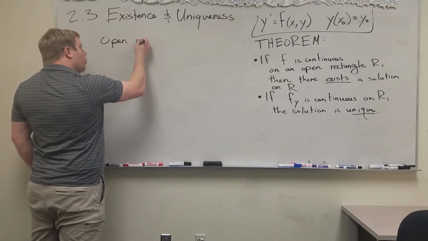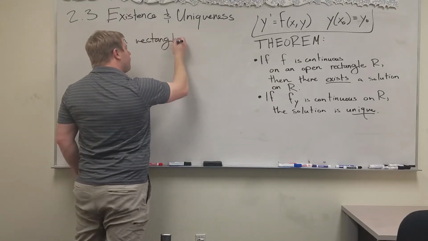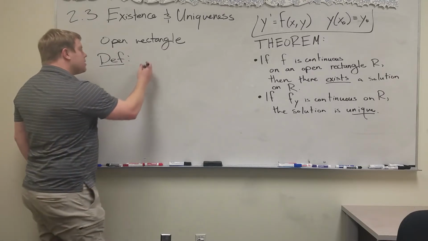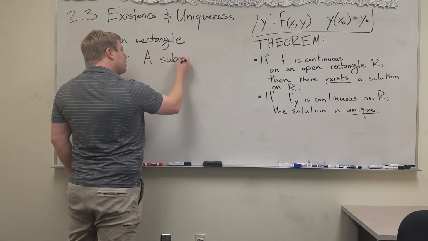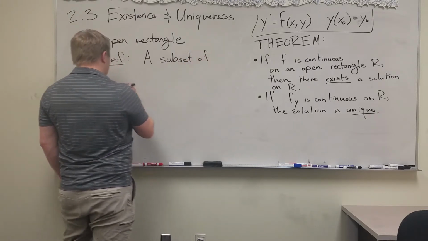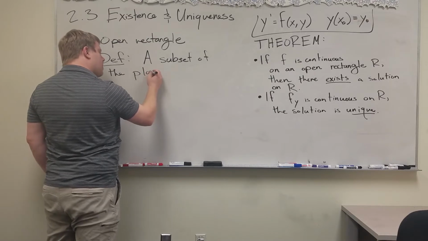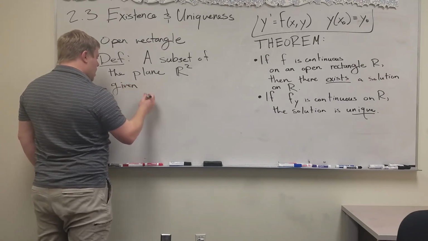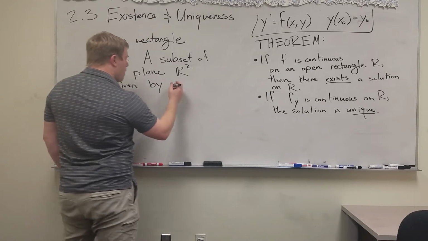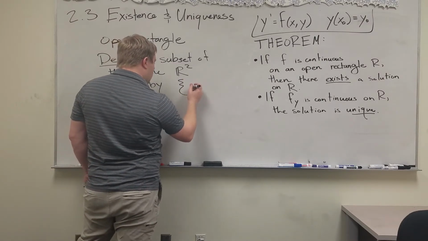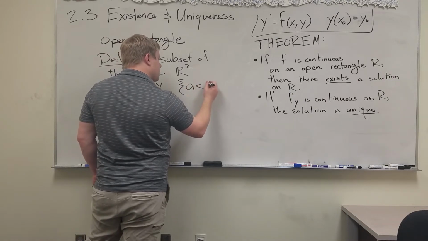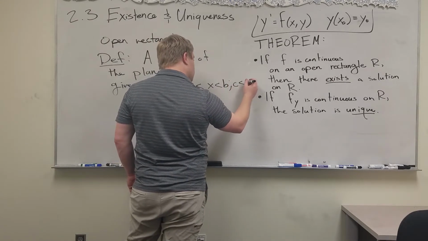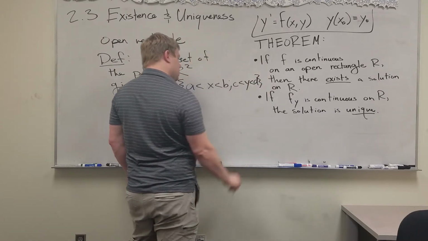So an open rectangle is defined as a subset of the plane R2 given by the set where x is between two values a and b, and y is between two values c and d.